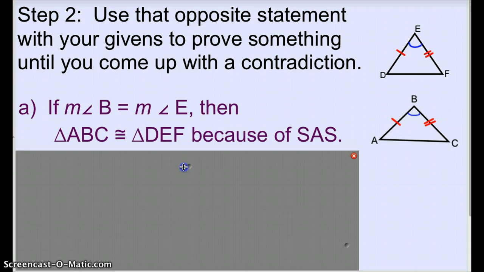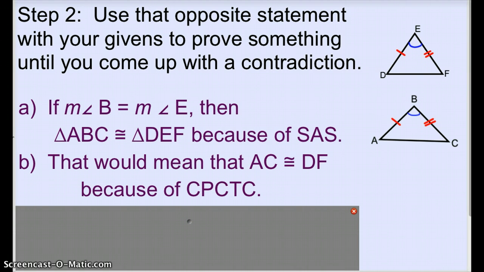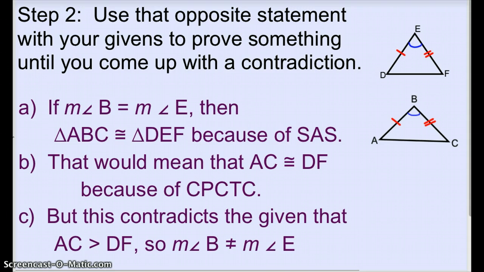If the measure of angle B equals the measure of angle E, then triangle ABC must be congruent to triangle DEF because of the side angle side theorem. That would mean that AC and DF are congruent to each other because of CPCTC. But this contradicts the given that AC is greater than DF. So the measure of angle B must not be equal to the measure of angle E.